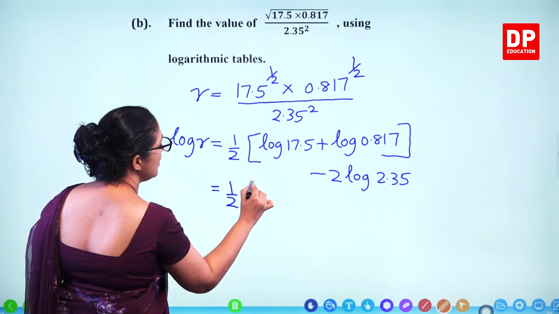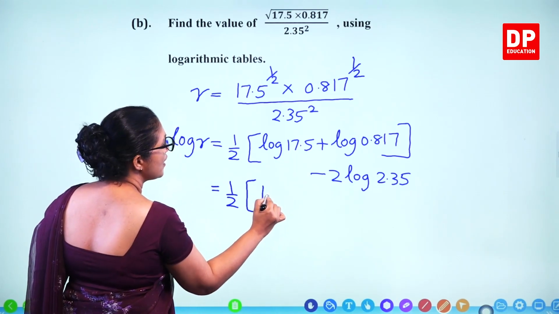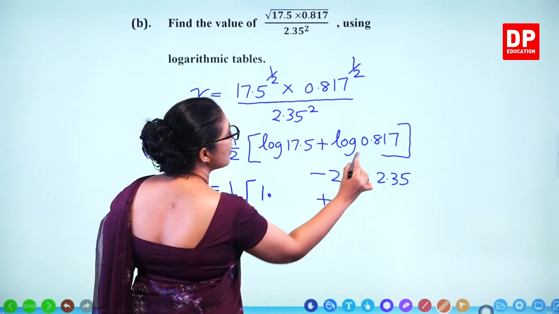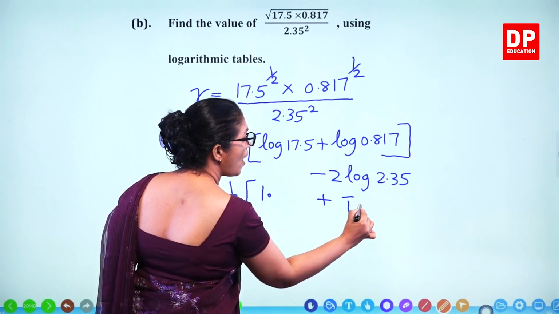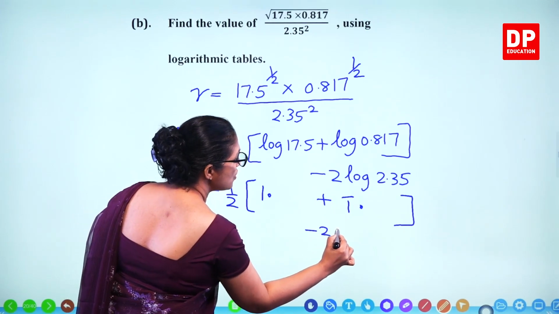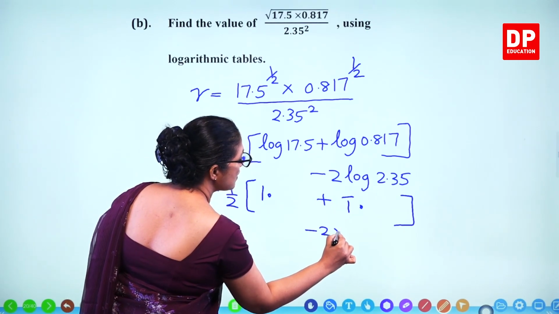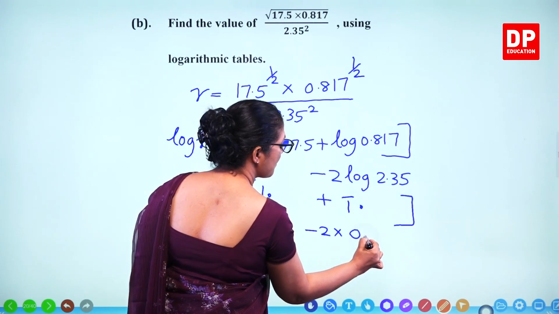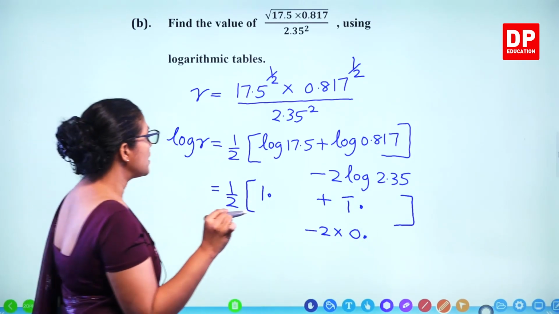So here 17 means 1 point something, 0.8 means bar 1 something, and then minus 2 times, what's the log value of this? 0 point something. Now we'll refer to the logarithmic table.